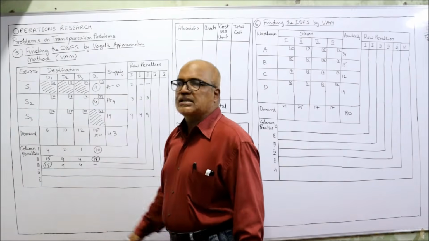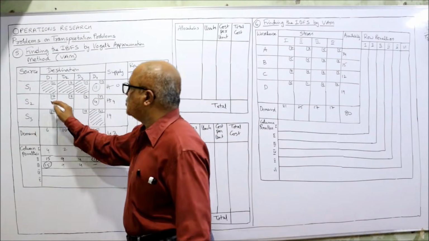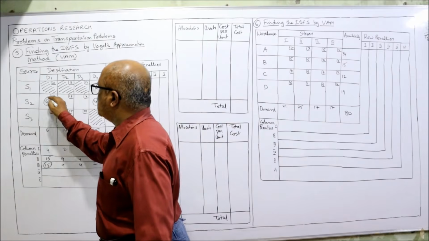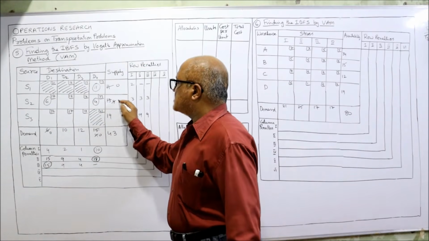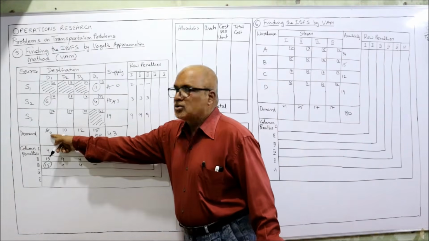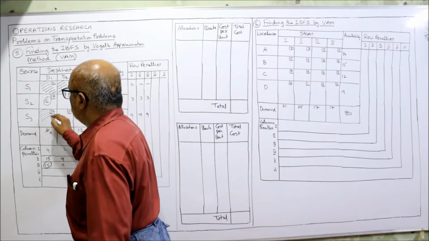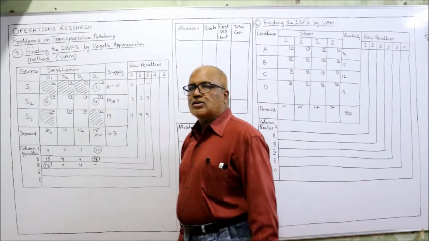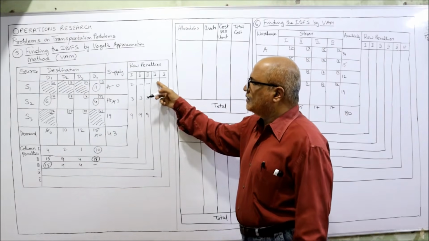Column total 6. 9 or 6, whichever is lower. 6 is lower. I am allocating 6 here. 6 minus 6, 0. 9 minus 6 is 3. This has become 0, so block the column. That's all. 3 penalties completed. Now the fourth penalty.